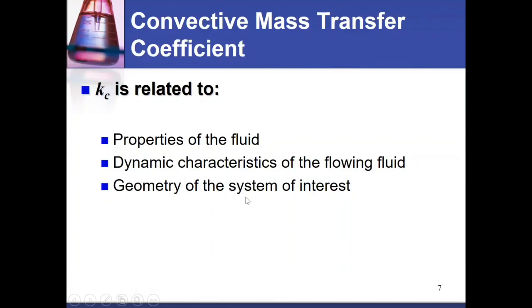In chapter 22, when we discussed the diffusion coefficient, we didn't mention whether the diffusive mass transfer was taking place in rectangular, cylindrical, or spherical coordinates. We still used the same DAB, but here Kc will depend on the geometry. If you change the geometry, Kc will change.